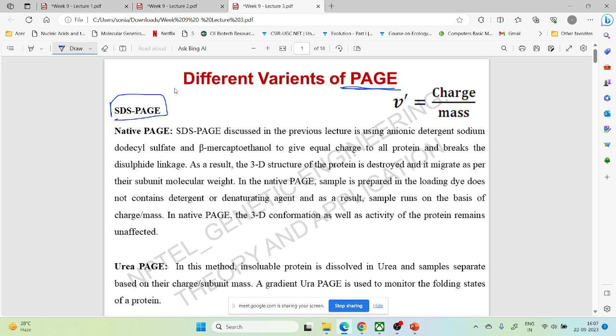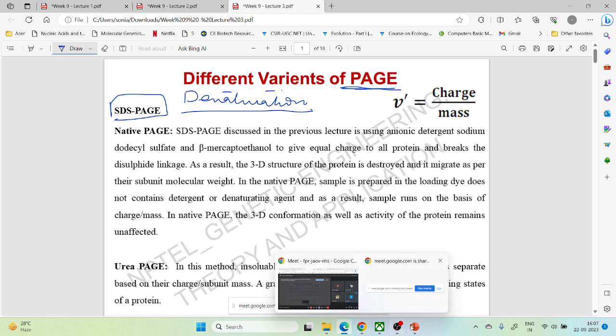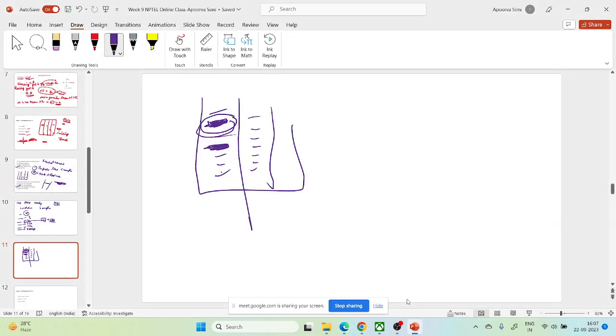This SDS will cause the denaturation of the proteins. That means the native conformation, the native order in which the protein is present, is destroyed.